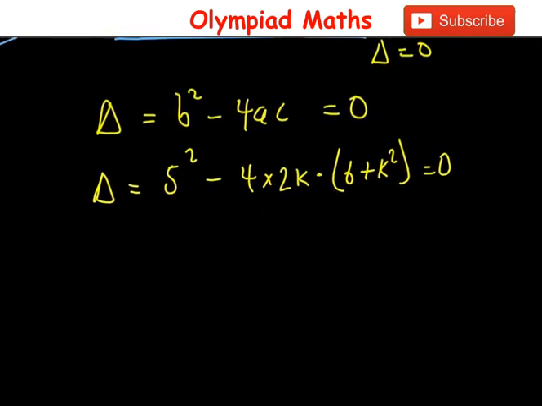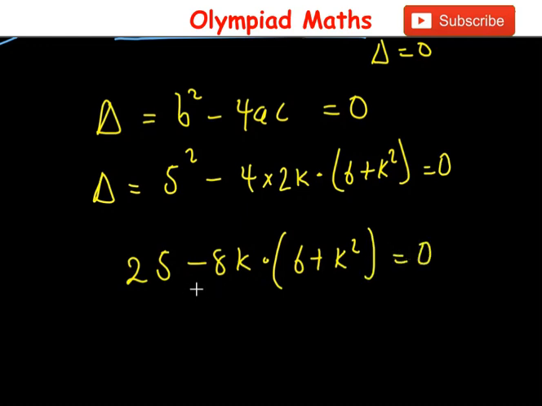With this, we have 5 squared, 25, then minus 4 times 2, minus 8k, then times 6 plus k squared equals 0. So from here, 25 minus 8k, we multiply and open the bracket, minus 8k times 6, that is minus 48k, minus 8k times plus k squared, that is minus 8k raised to power 3.